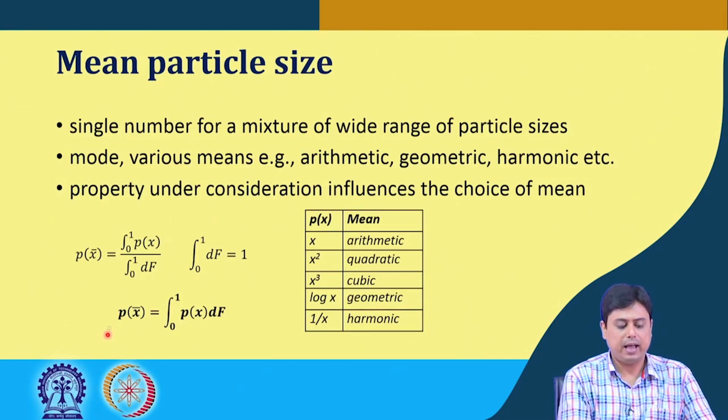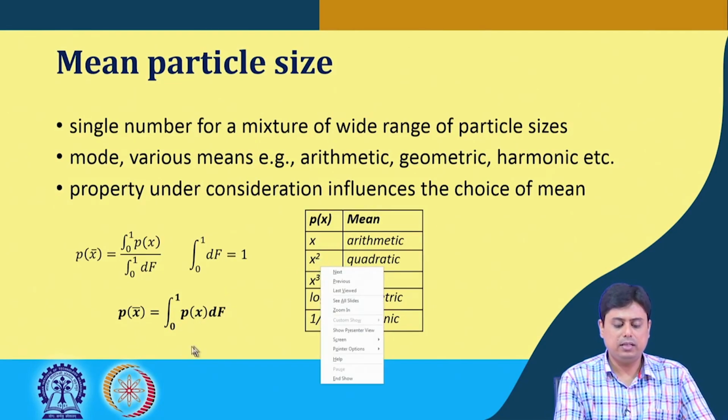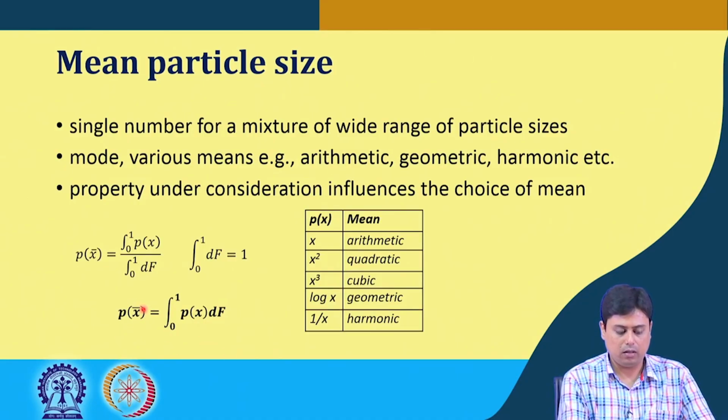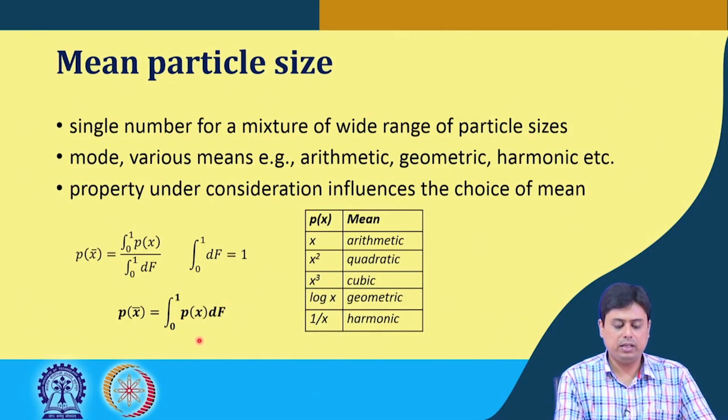So, basically the mean of this parameter p(x) is determined by this function. If p(x) is x, then you get the arithmetic mean. If p(x) is x square, this mean is called the quadratic mean. This p(x) bar is the average value. If p(x) is x cube, this definition gives the cubic mean value.